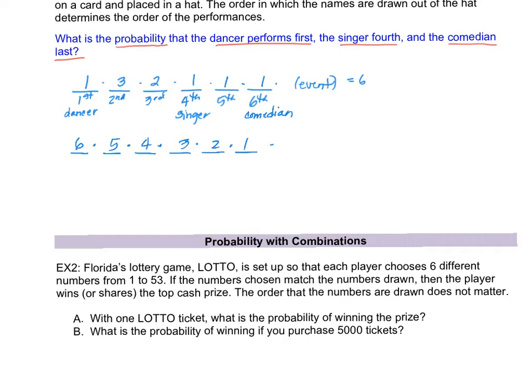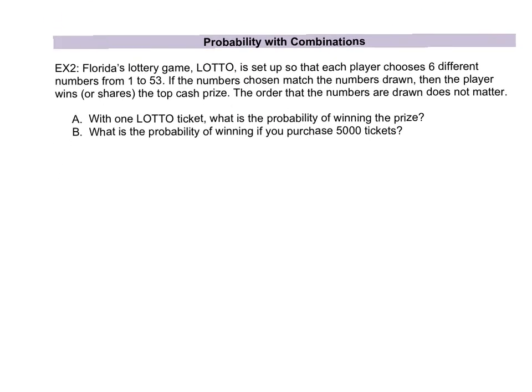So this 6 factorial, which would be the sample space or the denominator, is going to be 720. Which means our probability, which is a fraction, is going to be the event 6 over the sample space 720, and that reduces to 1 over 120. So that's the only example I'm going to do with the permutation.